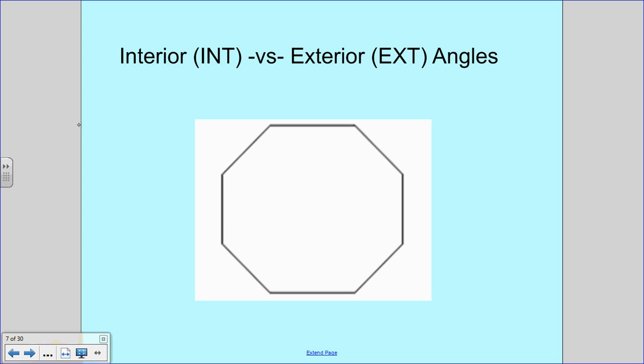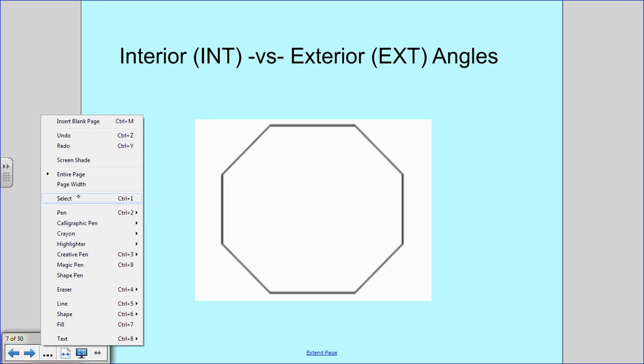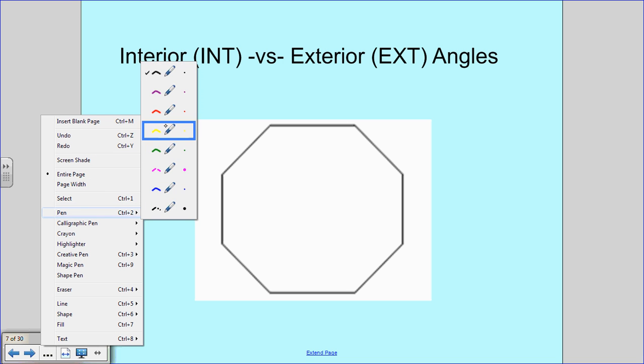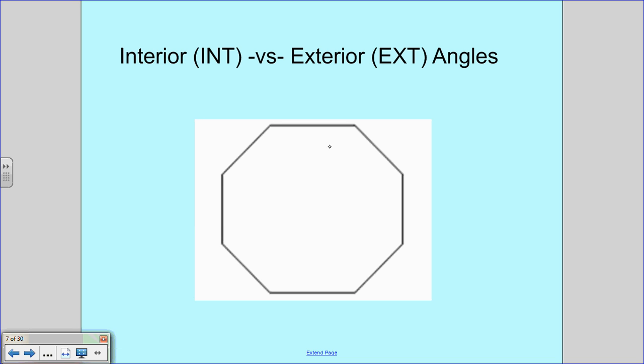Now let's talk about interior versus exterior angles. Interior angles are all angles within the sides or the walls of the figure. So you have one interior angle here, you have another one here, you have another one here, and so on and so forth.